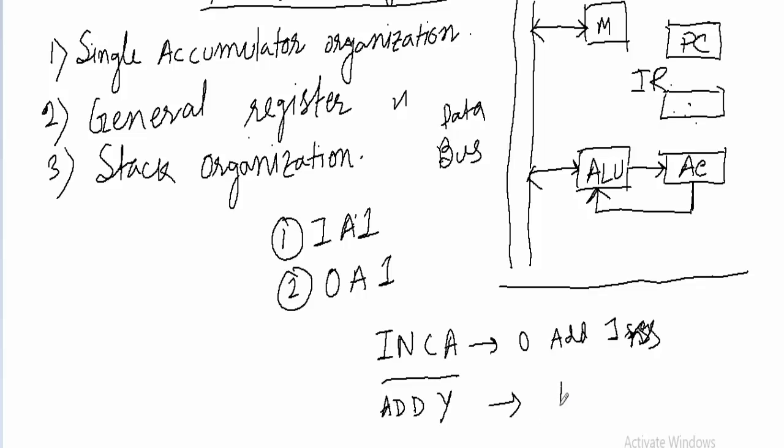Get the value from memory at y, add it with the accumulator value, and then store the result in the accumulator. This is a one address instruction. So in single accumulator organization, there could be zero address instructions or one address instructions.